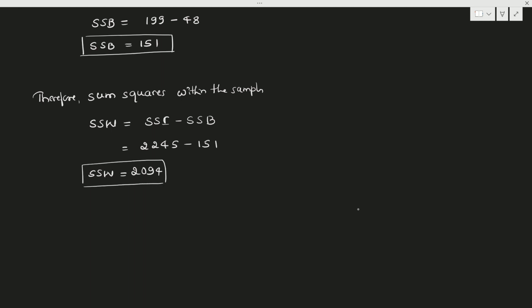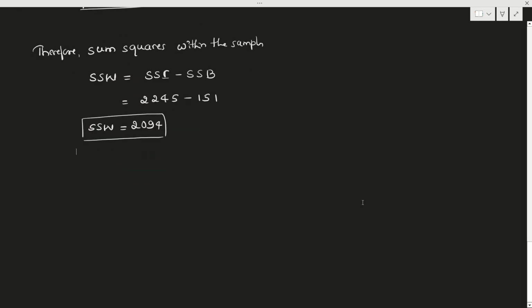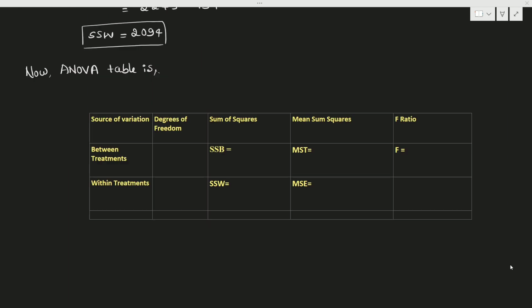Now, once we get all the values, we have to construct the Anova table. The Anova table has source of variation, degrees of freedom, sum of squares, mean sum of squares, and F ratio. In the source of variation column I have between the treatments and within the treatments.